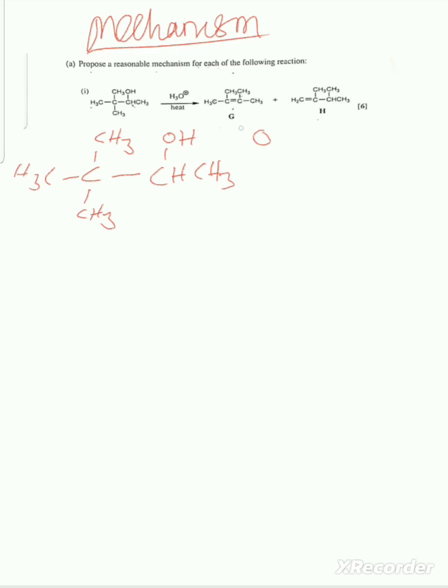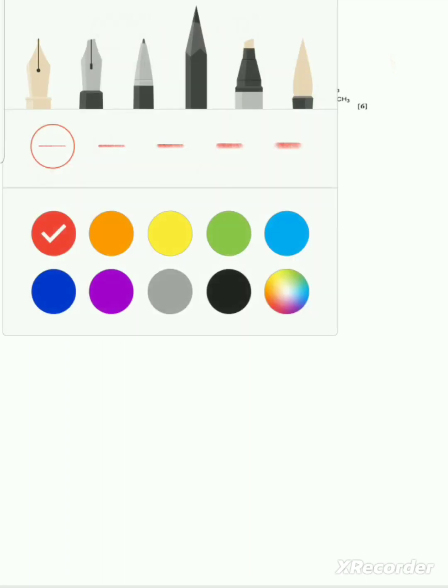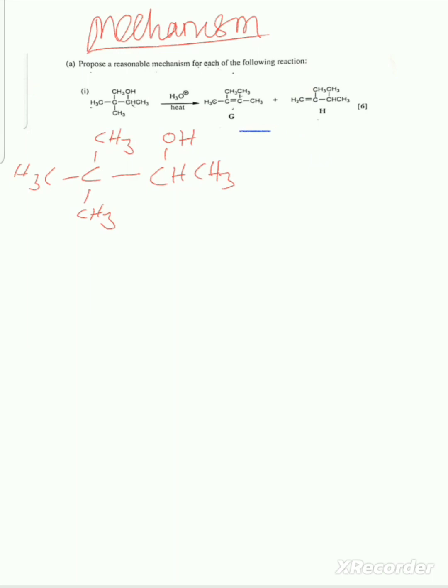Let me write it in this form so that it is better for us. So it will be like this, H here, then OH like this, with a positive charge.